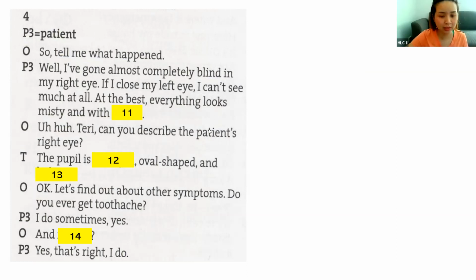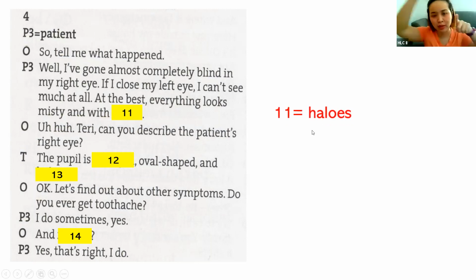So he said that at the best, อย่างดีที่สุดนะคะ, everything looks misty with halos. Halos mean the round lights ทรงกรดรัศมีนะคะที่มันฟุ้งๆออกมา. So when he sees, it's not clear, everything looks misty.